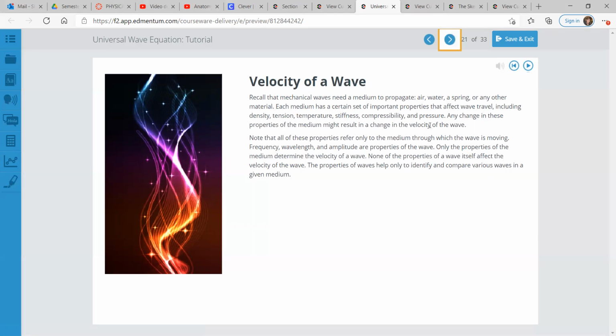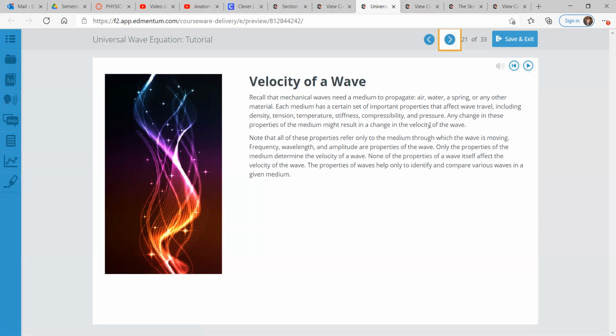Each medium has a certain set of important properties that affect wave travel, including density, tension, temperature, stiffness, compressibility, and pressure. Any change in these properties of the medium might result in a change in the velocity of the wave. Note that all of these properties refer only to the medium through which the wave is moving.